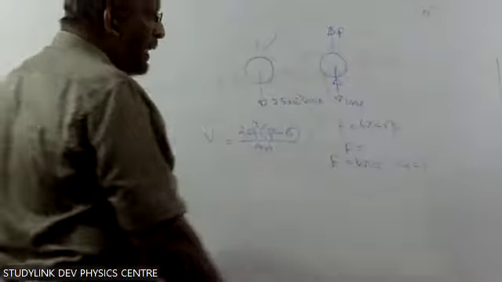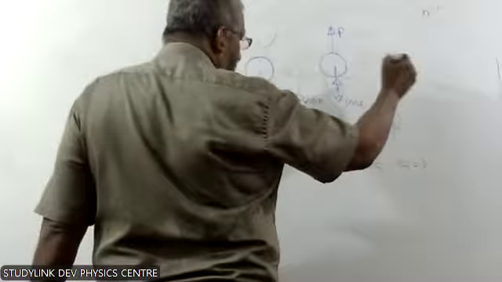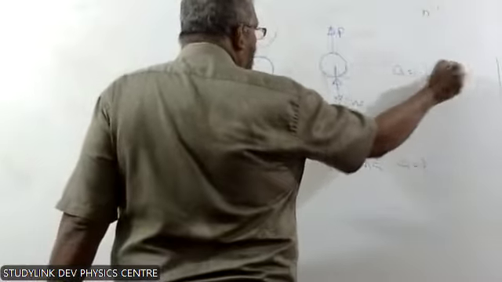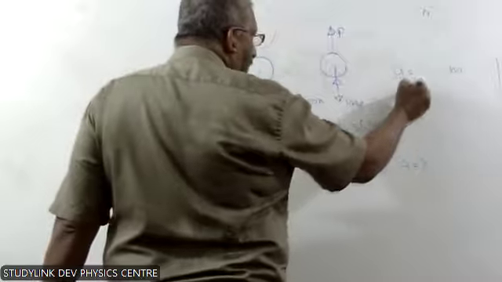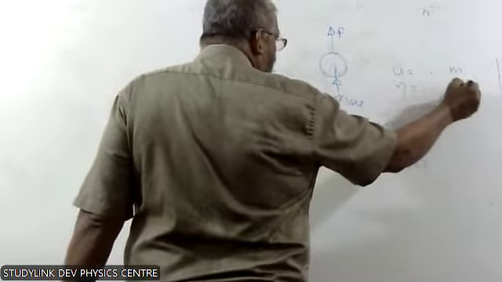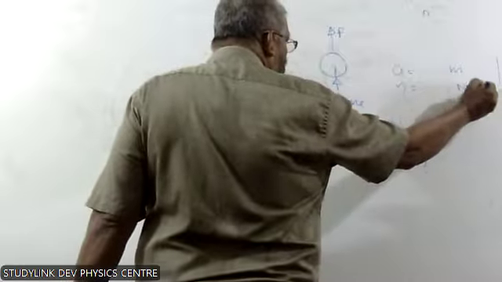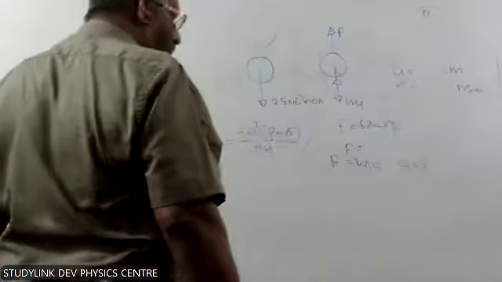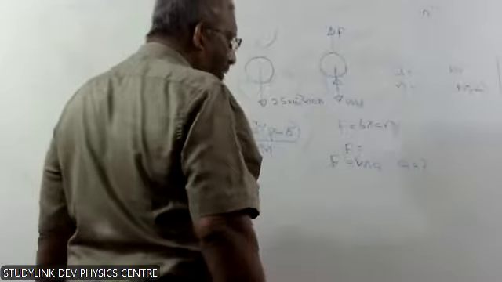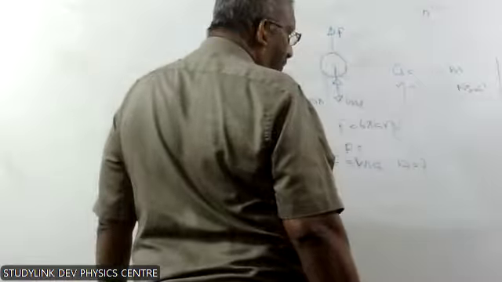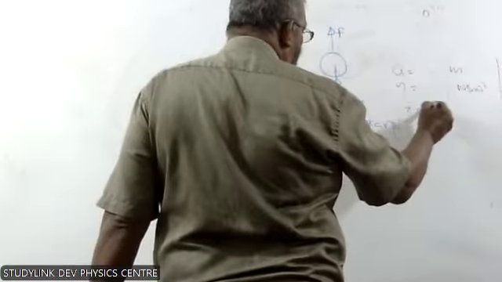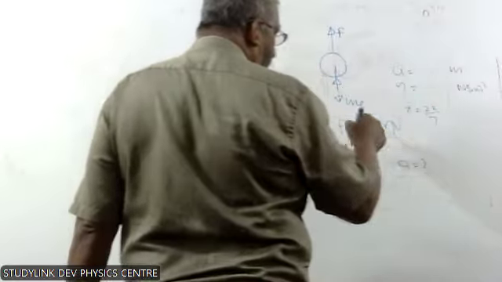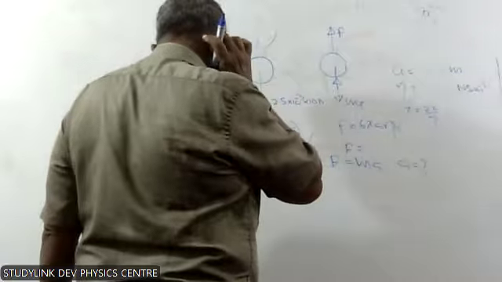When substituting this, as I always said in the past papers, a is in meters, so you have to convert and write. Eta should be written in N s m minus 2 or in kg m minus 1 s minus 1. Then for pi, just write 22/7. If it is given as 3.14, then use that one.